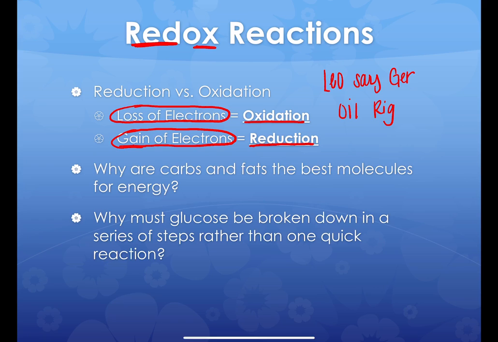Leo the lion says GER: loss equals oxidation, gain equals reduction. Or you may also think of OIL RIG: oxidation is loss, reduction is gain. And again, what we're gaining or losing is these electrons.